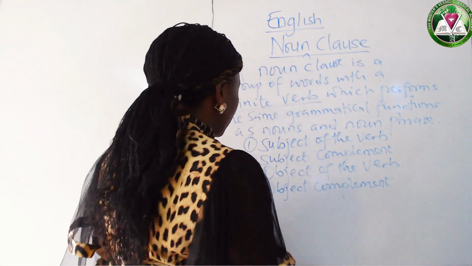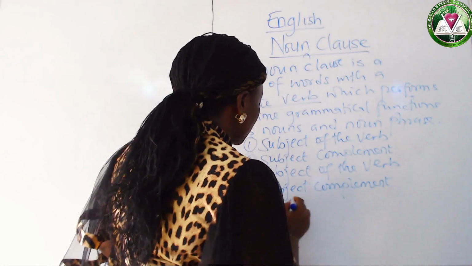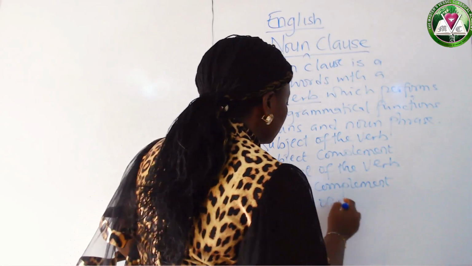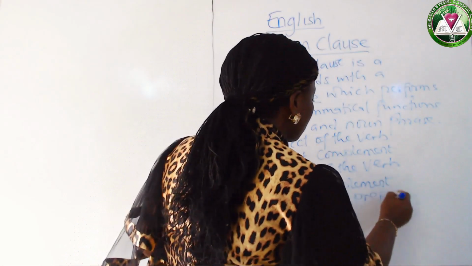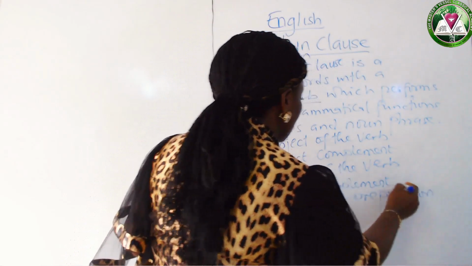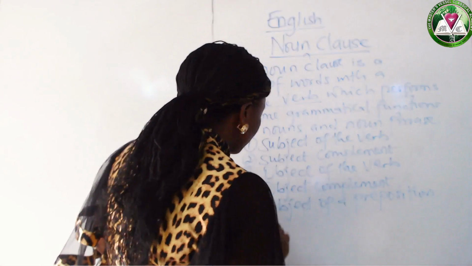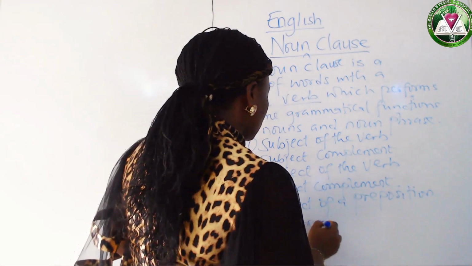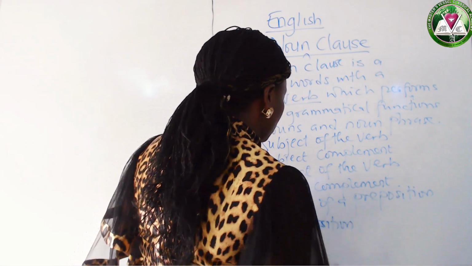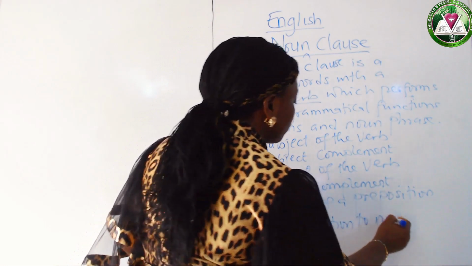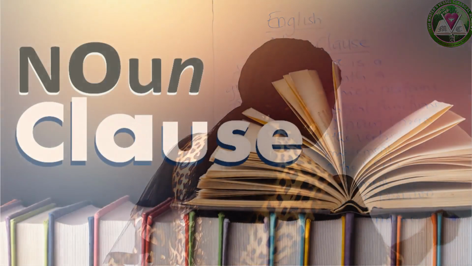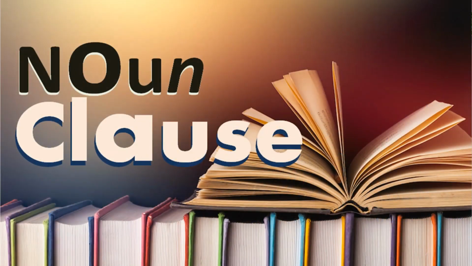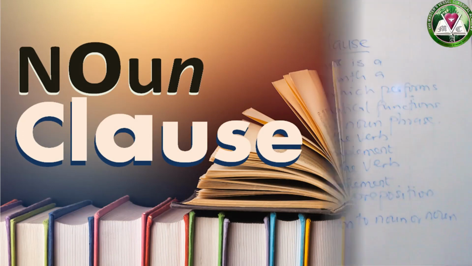Number five, we have object of a preposition. And number six, we have in apposition to a noun or noun phrase. Okay, so these are the 6 grammatical functions of a noun clause.